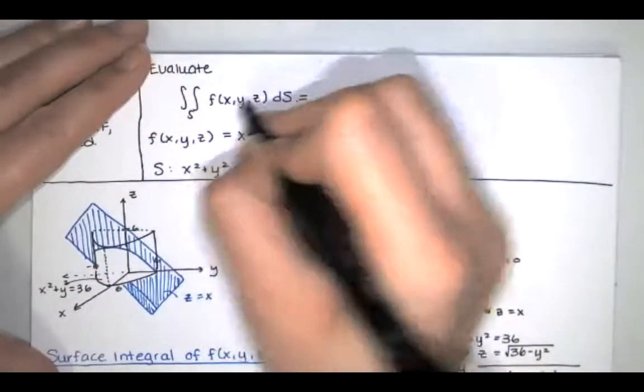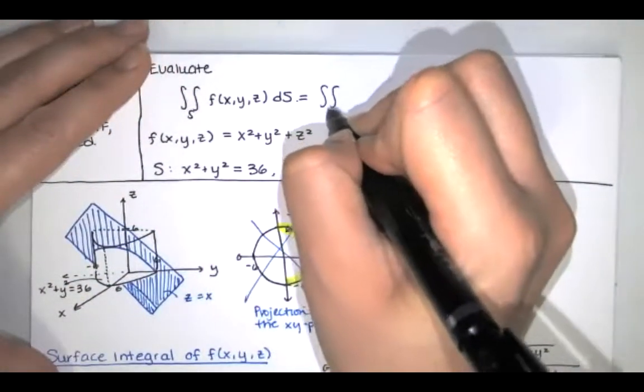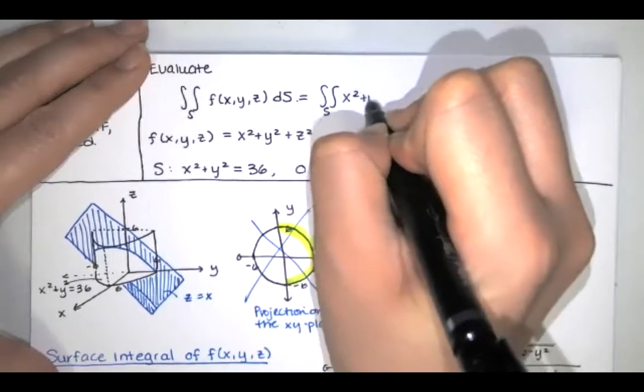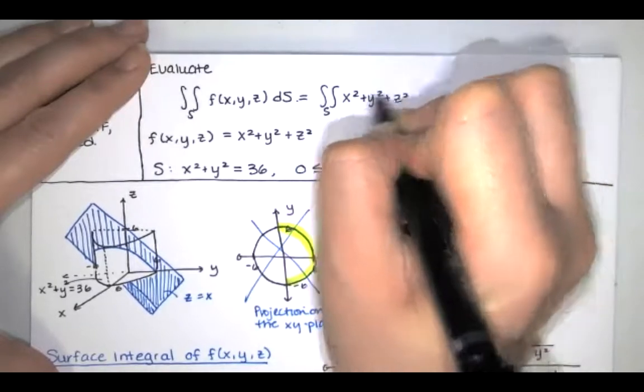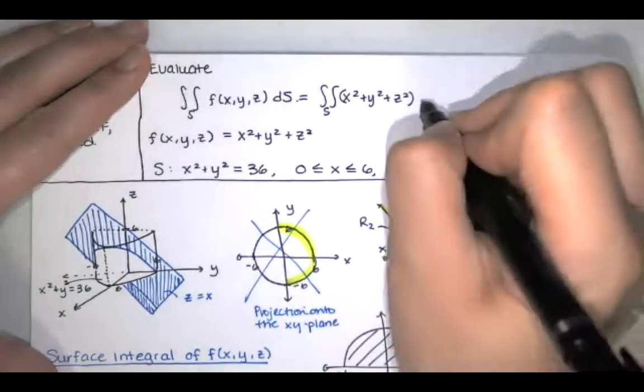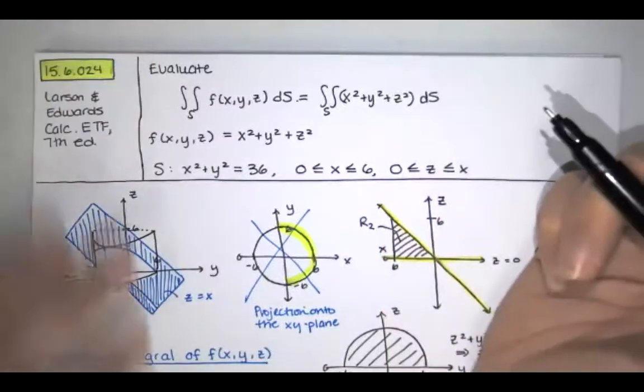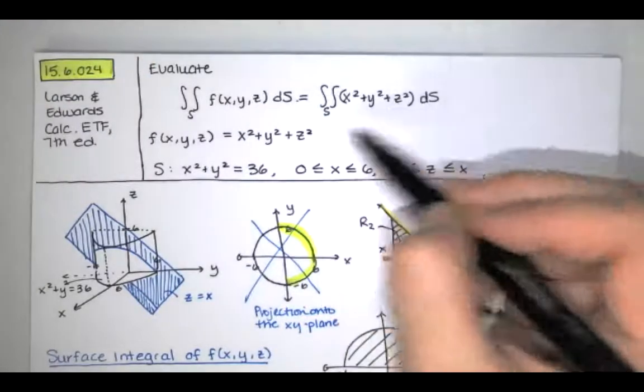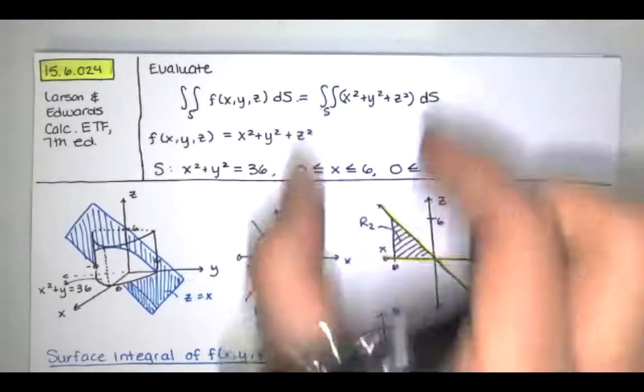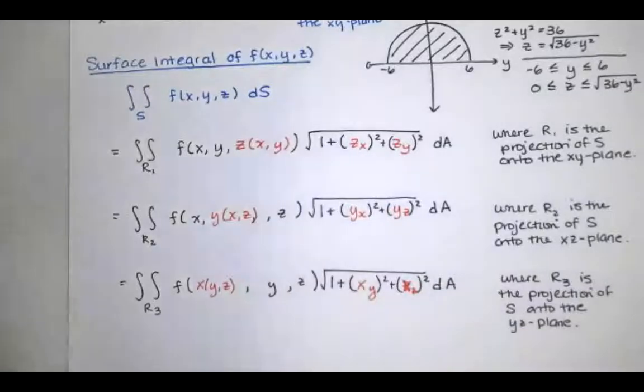Okay, so we are going to evaluate this surface integral by doing this. We know that f of x, y, z is x squared plus y squared plus z squared. So we're evaluating the surface integral of x squared plus y squared plus z squared over S. And then rather than doing that, we're going to say that is actually equal to this. And we're going to choose this second one.